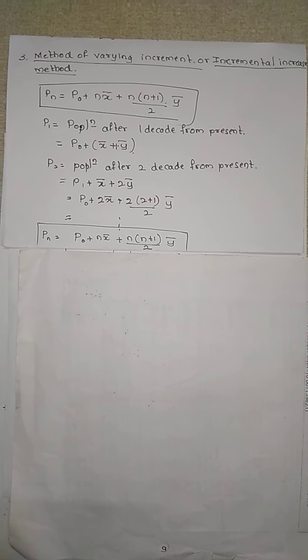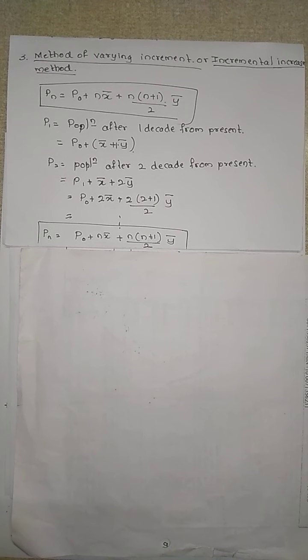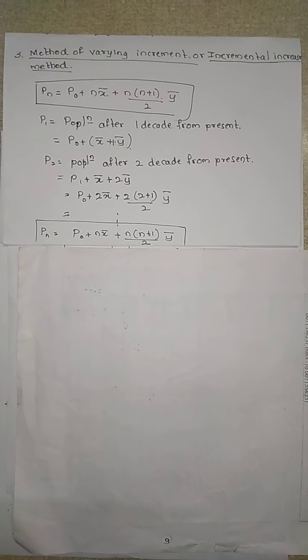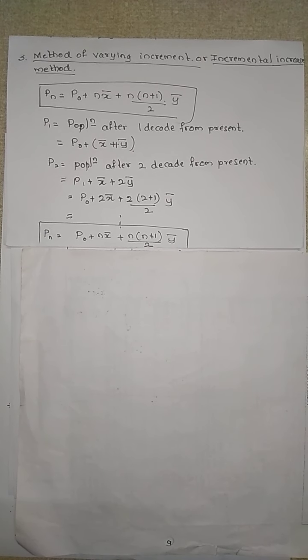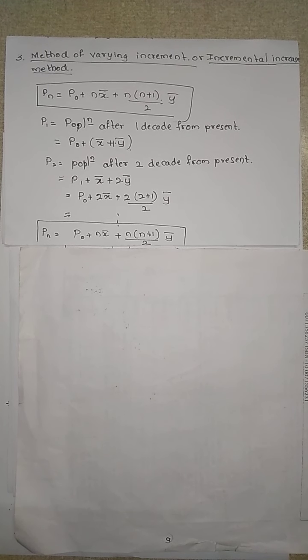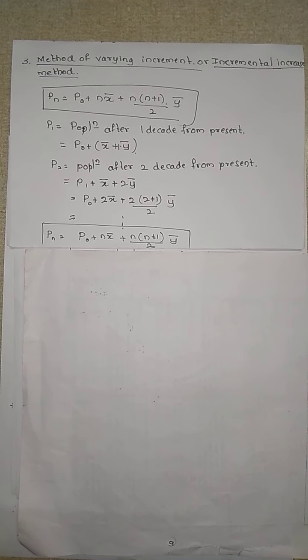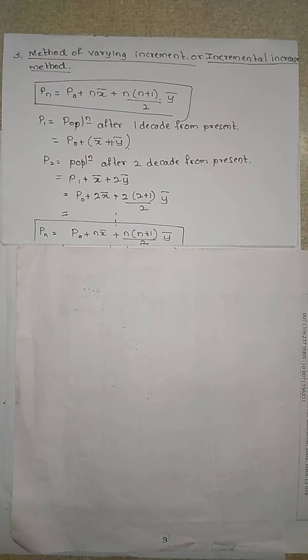That means in this method we will be calculating x bar, that is the increase in population, and the incremental increase means, whatever the increase in population is going to happen, we will find how much increment or decrement is there in that particular increase in population.